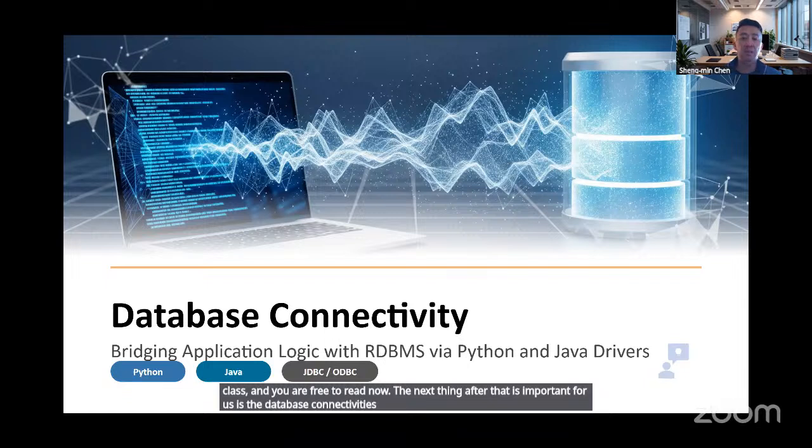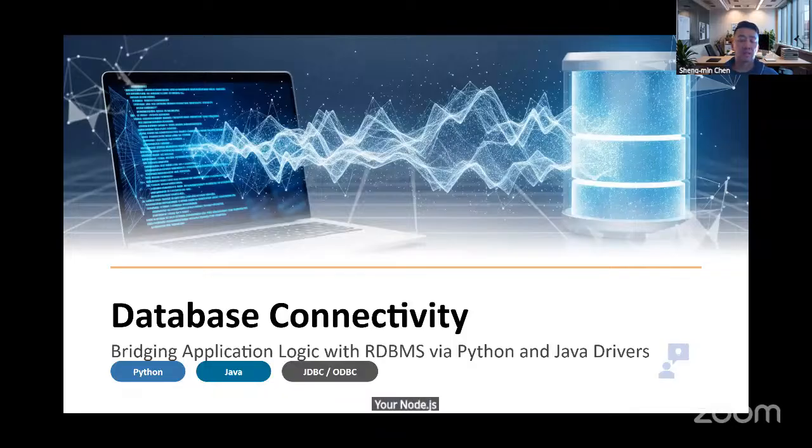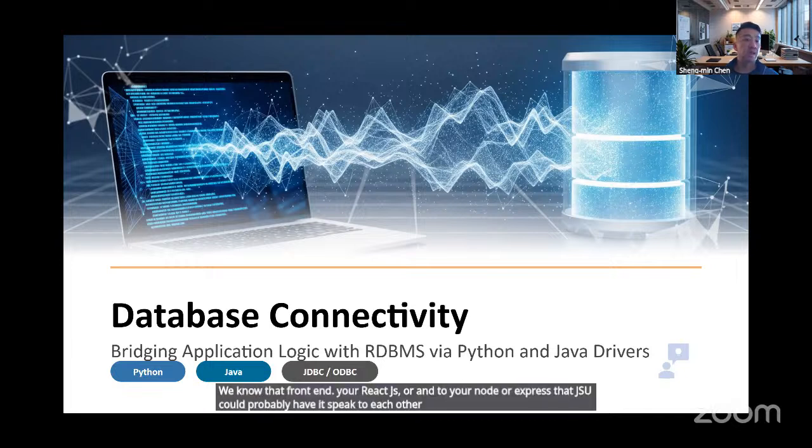When I say database connectivity, I mean how do you bridge your Node.js, or your Python, your Java, with the database? We know that your front end, React.js, and your Node or Express.js, can speak to each other using APIs.